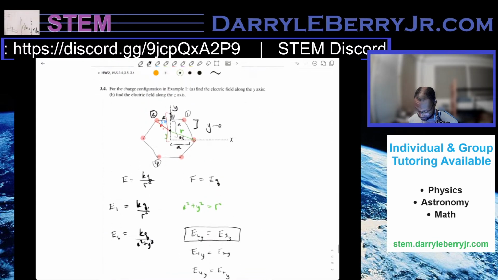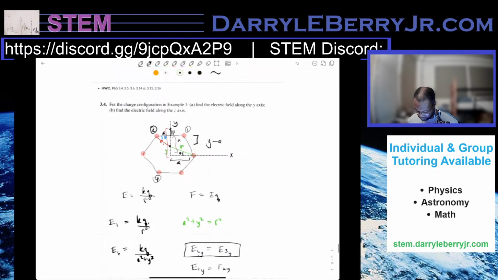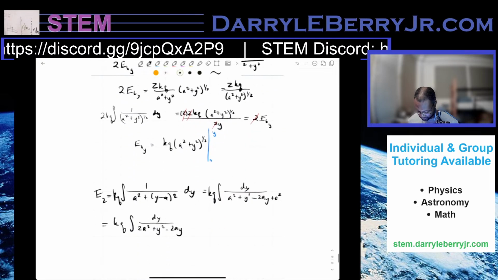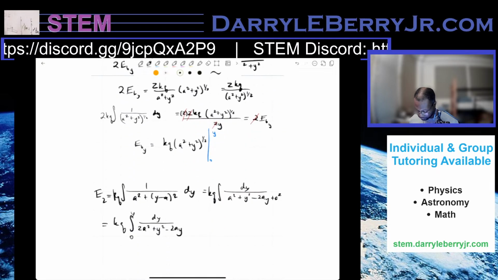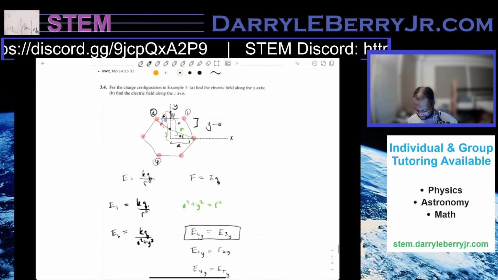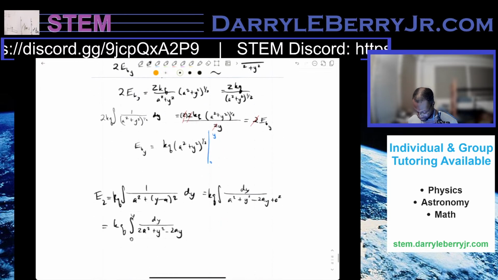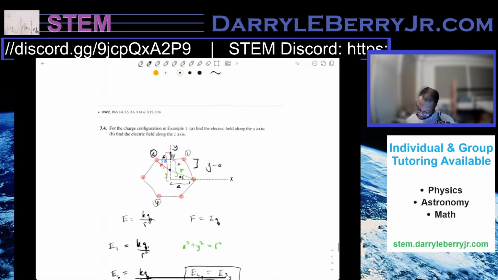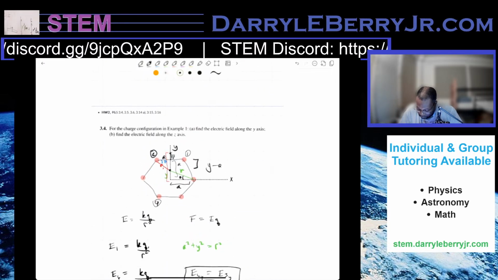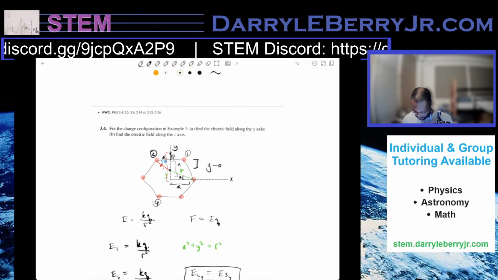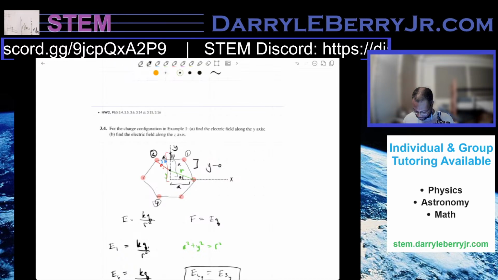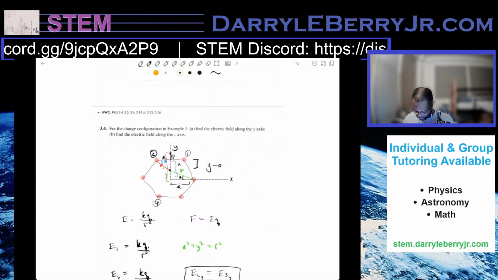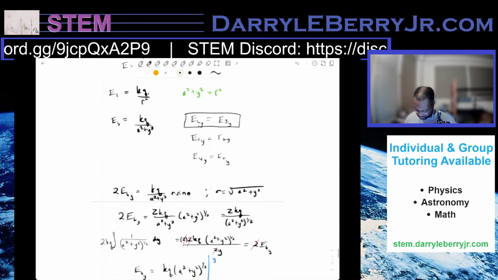And y is going to still be from 0 to y. If y is 0, a is a negative distance, and so forth. That works.